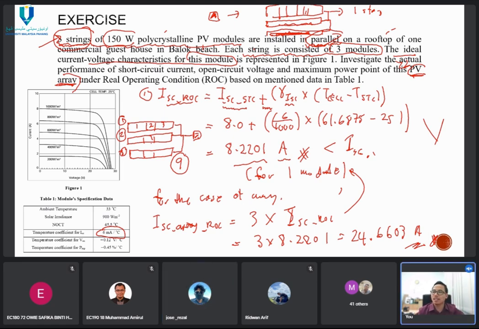So if there are 3 strings, they are automatically connected in parallel. The number of strings is how many times you multiply, because the current is multiplied.